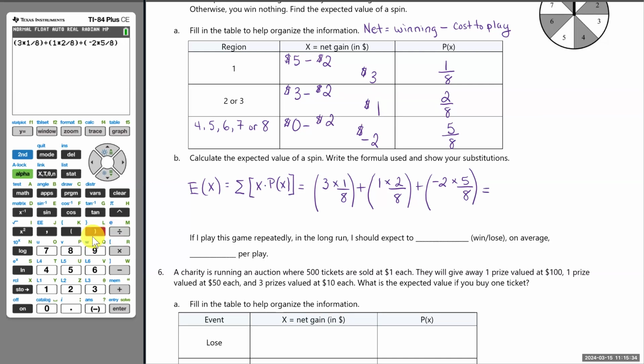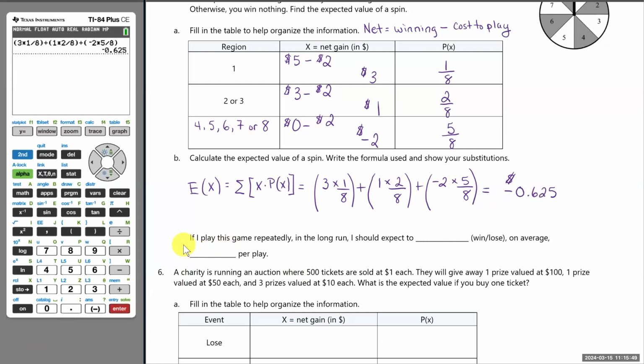So you can always just enter it like that. And that is coming out to be negative 0.625. I'm going to put the units back in now so that we can interpret that.